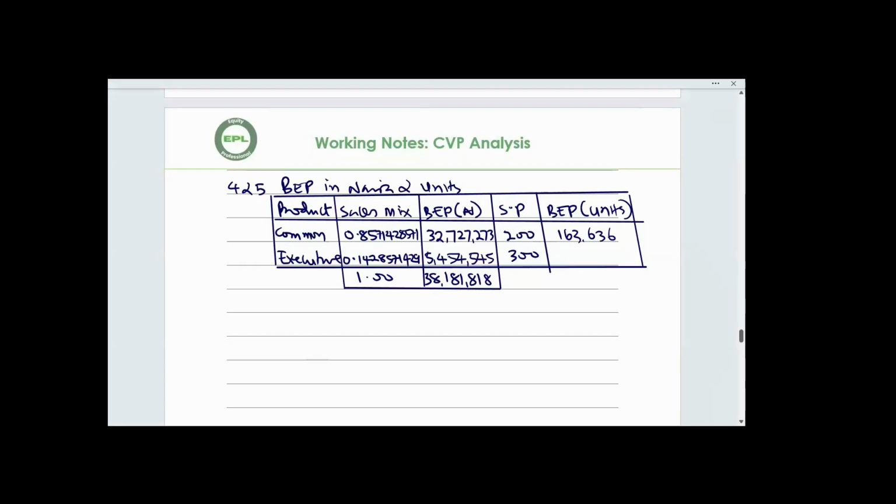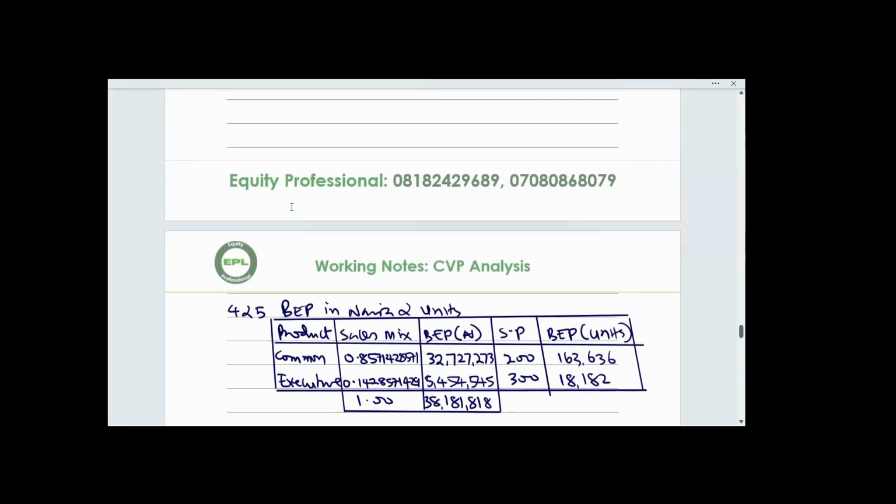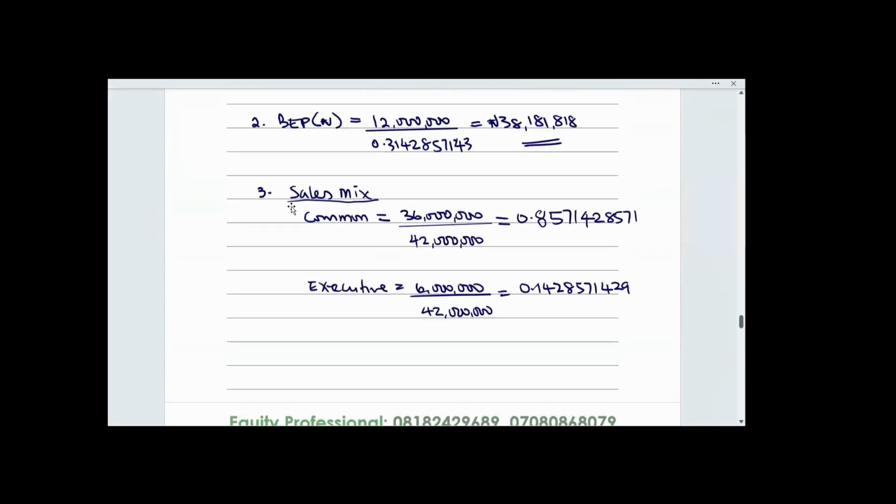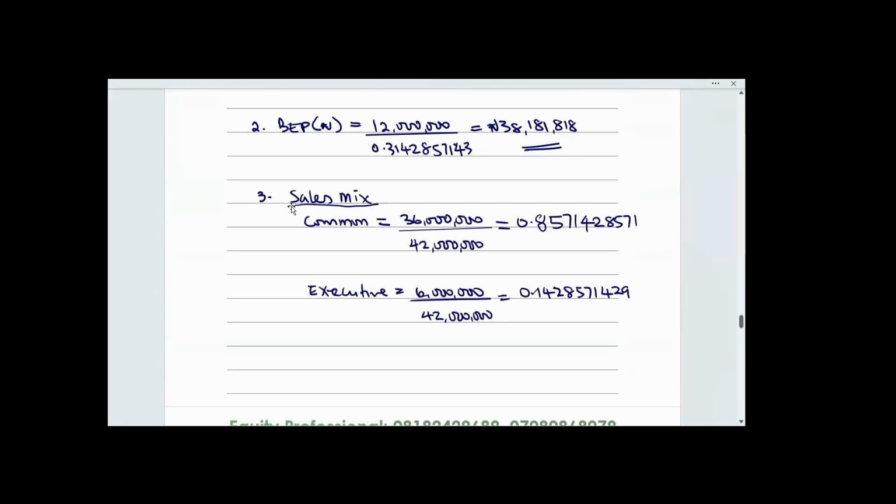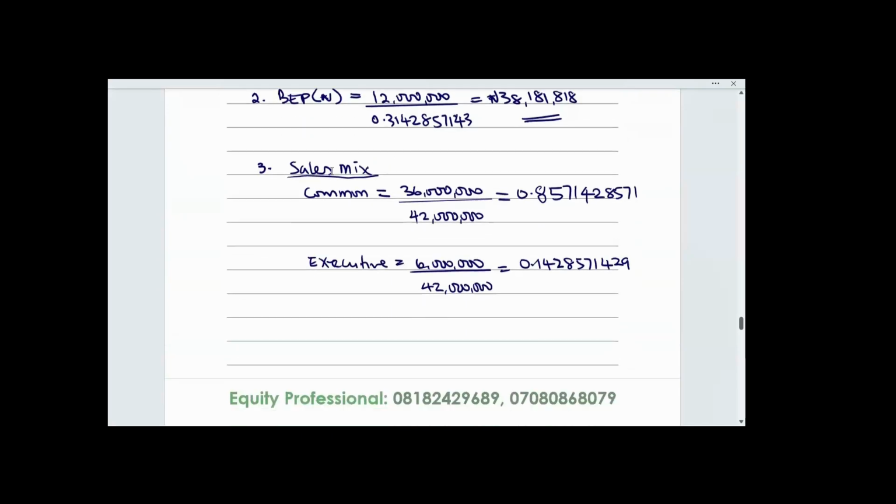So whatever you have in your calculator, divided by selling price 300, that's 18,182 units. That's it. You can see from day one to date, break-even point and break-even analysis is not difficult.